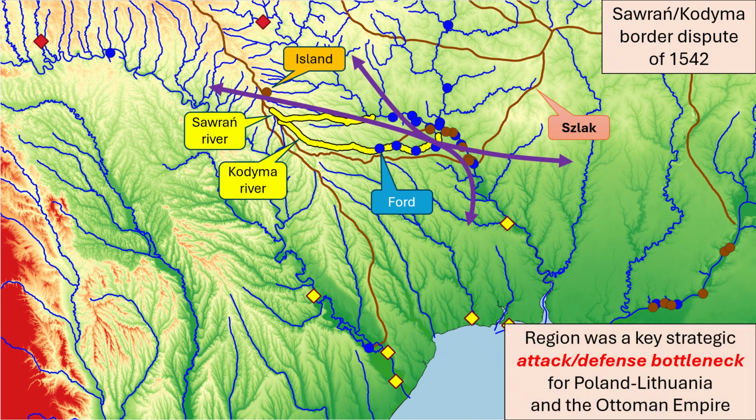Beauplan's maps clearly show a concentration of river fords, islands, and travel paths in the disputed region, making this a key strategic attack and defense bottleneck. You can find out more about the border dispute at a link in the description.